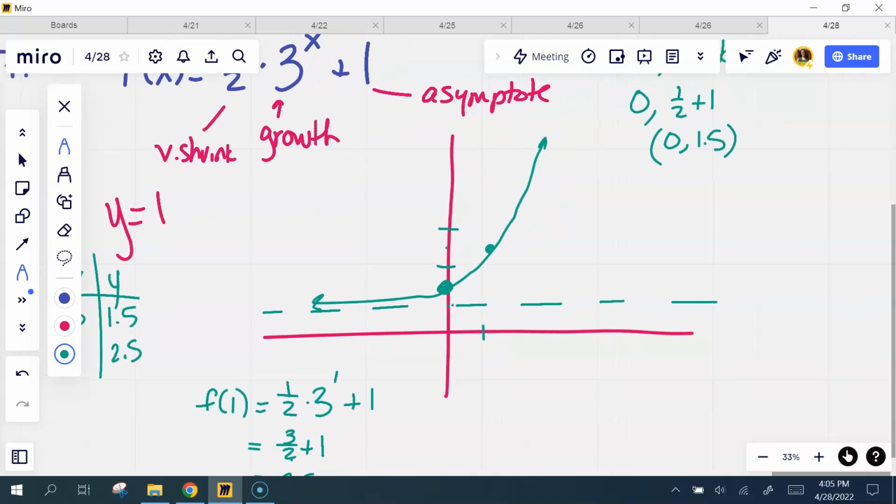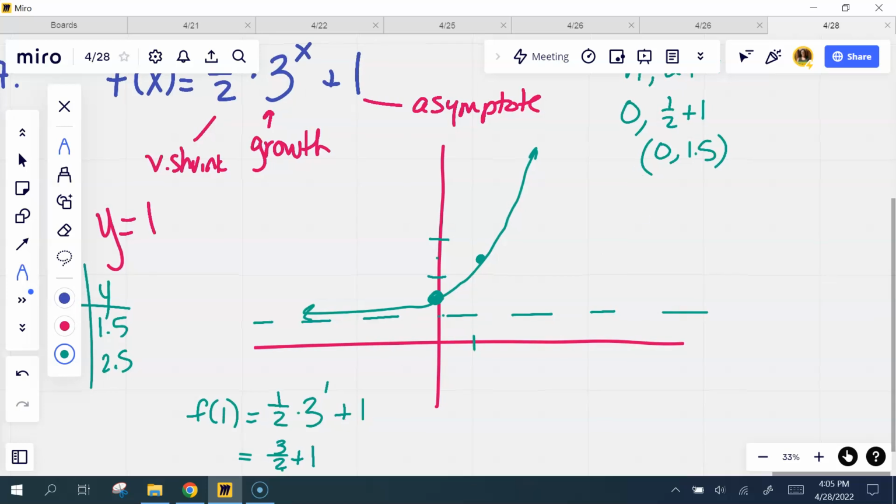Okay, let's finish the analysis on this then. So my domain, of course, negative infinity to infinity. My range, 1 is the lowest, so it goes from 1 to infinity.